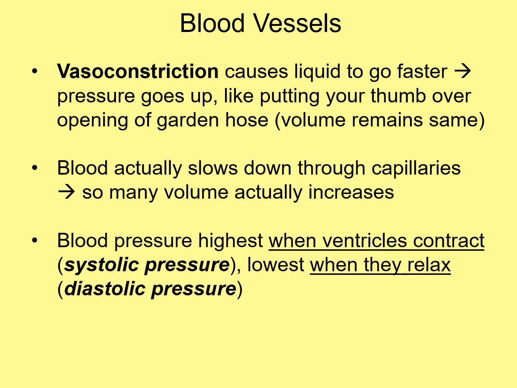So your blood actually slows down going through your capillaries. And there are so many capillaries that the total blood volume actually increases. At any given time in our bodies, a good chunk of our blood is wandering through the capillary beds feeding into, say, our lungs or our digestive system or our kidneys or our liver and so on. And that's actually good.